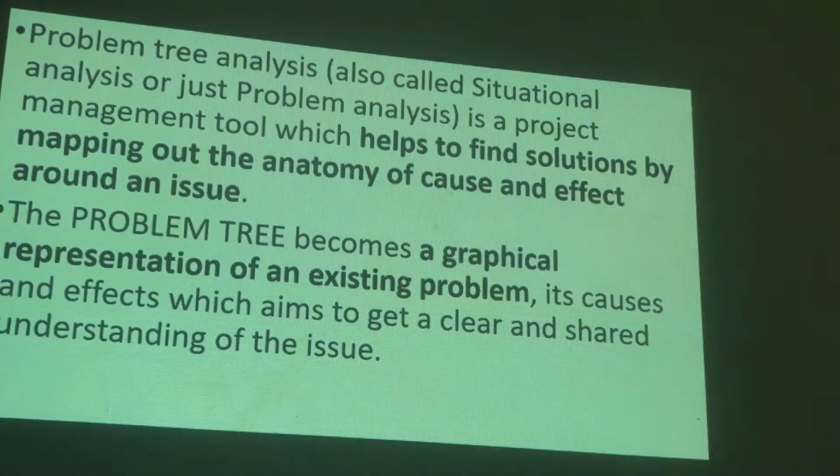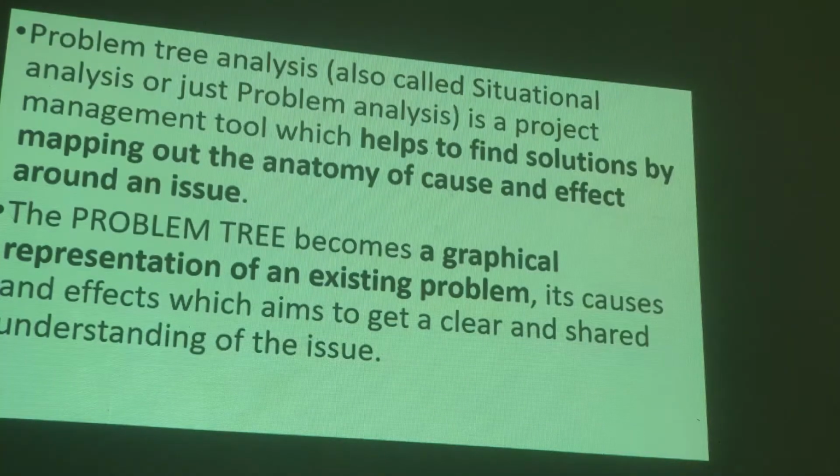Now, in project management, there is a technique called problem tree analysis. It is also called situational analysis or just problem analysis. It is a project management tool which helps to find solutions by mapping out an anatomy of cause and effect around an issue.